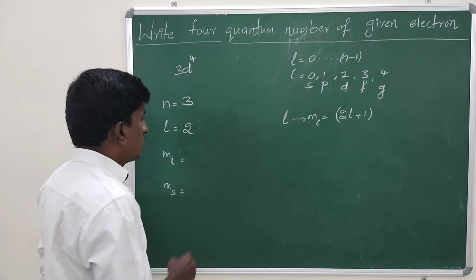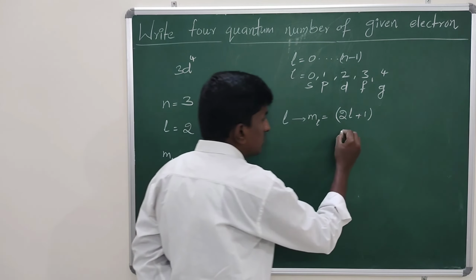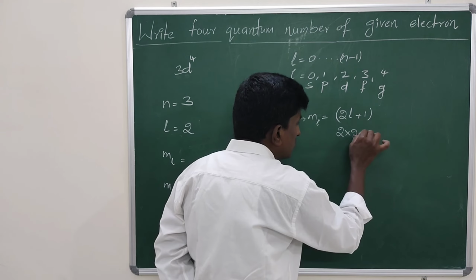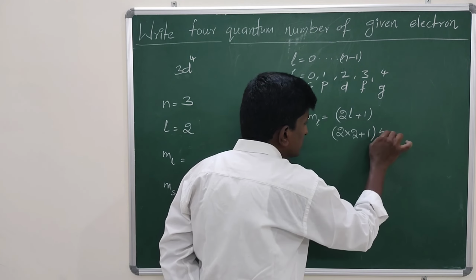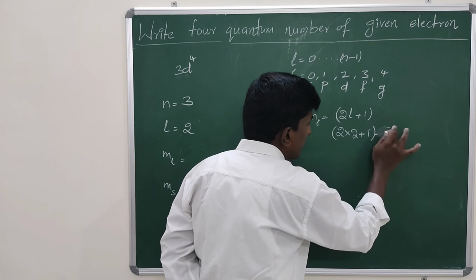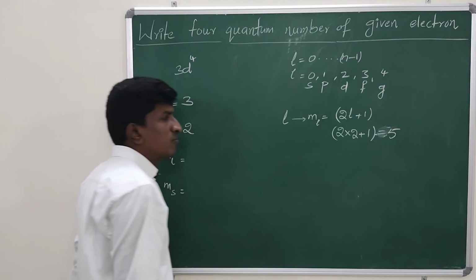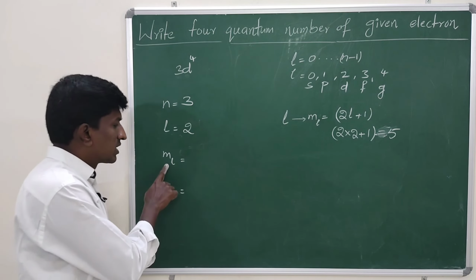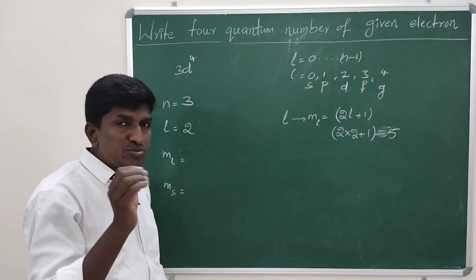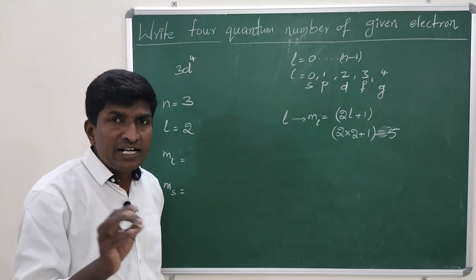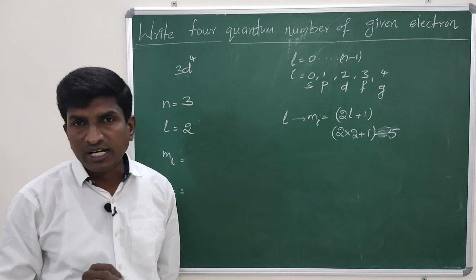So what is the l value here? 2. So 2 into 2 plus 1. How many values are there? Total 5 values for ml, the magnetic quantum number, for d, which means the d orbital again divides into 5 orbitals.